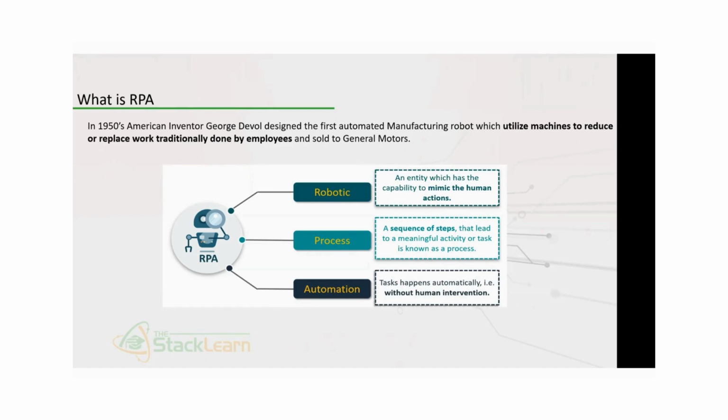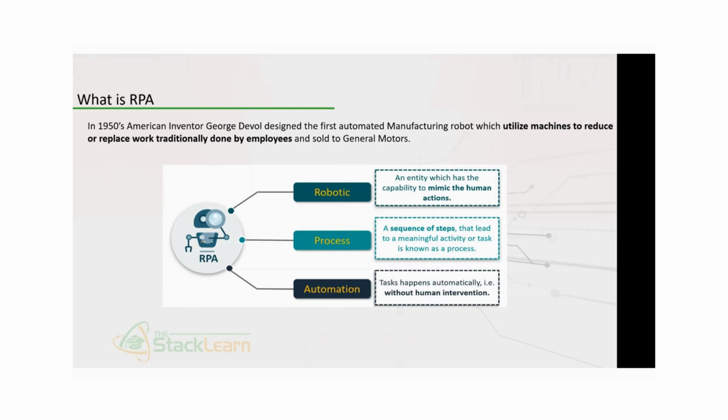The same steps we will automate, and together we call them an RPA process. And automation is something done by the robot without human intervention. It means it will be automatically executed by the robot. So this is what RPA is.